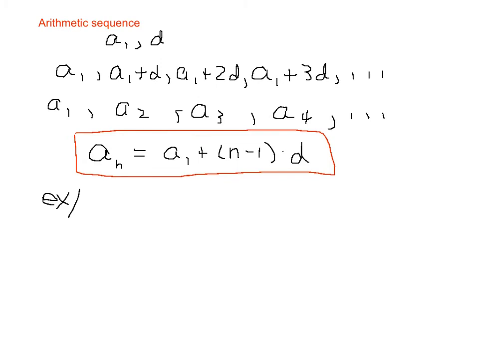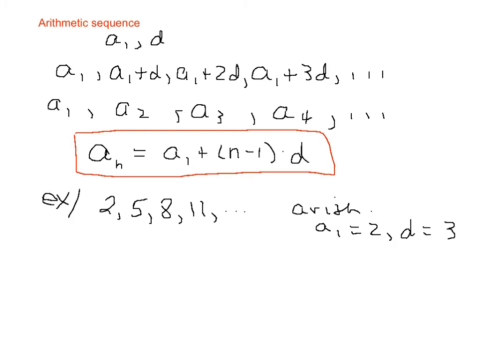So let's look at this example. Suppose we have the sequence 2, 5, 8, 11, and so on. Right? This is going to be an arithmetic sequence. It's arithmetic. The first term is equal to 2, and d, the common difference, is equal to 3.